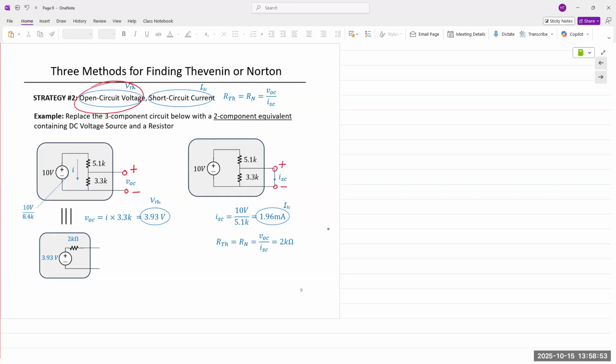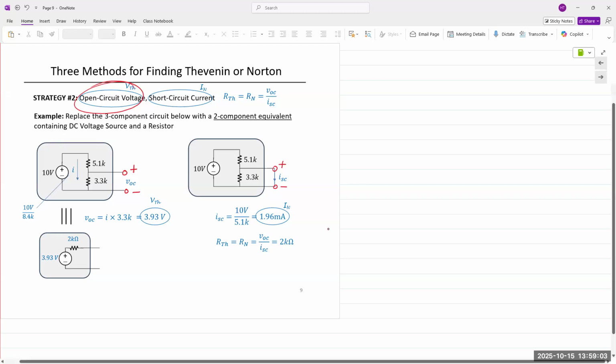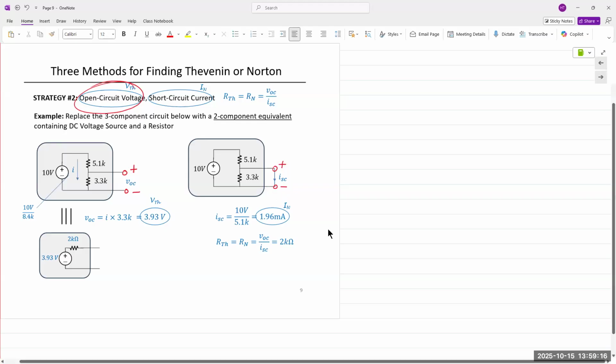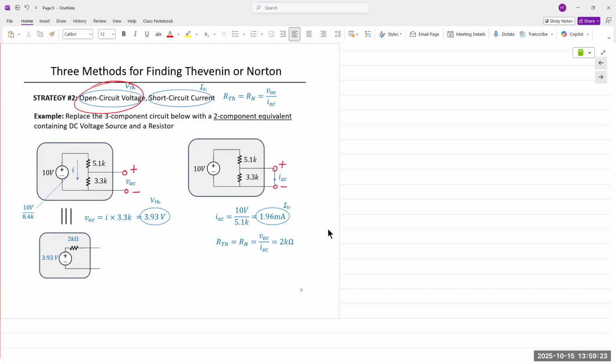Now, if you wish to measure Norton current, what do you do? Or let's say if you wish to measure current with the multimeter, what do you do? You put the meter in current measurement mode, and you would insert the meter in the middle of the circuit where you want to measure the current, right? Well, here our terminals are right there. Those terminals are open. We haven't placed a short circuit yet. But if we put the meter in current measurement mode, it behaves like a short circuit. Resistance is very low.